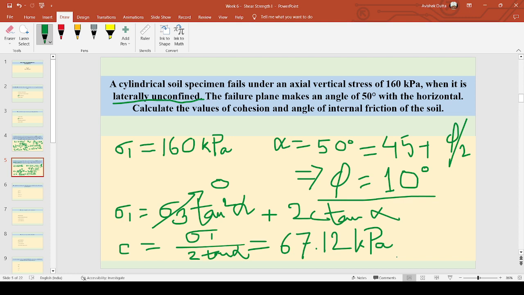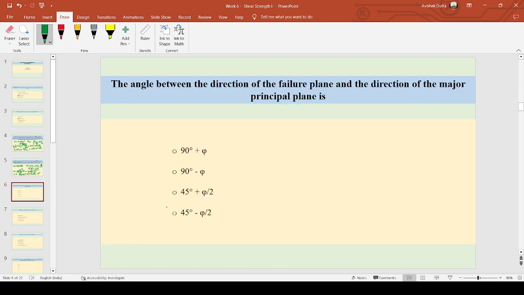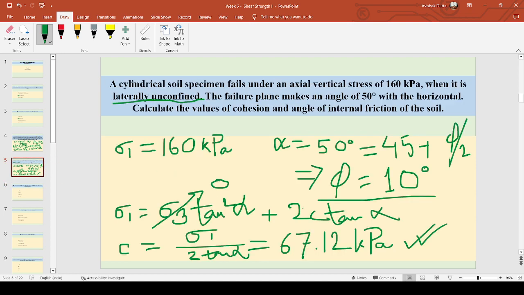With the help of alpha, we can find out the angle of internal friction, which is 10 degrees, and with the equation sigma 1 equals sigma 3 tan square alpha plus 2c tan alpha, we can find out the value of c, that is sigma 1 divided by 2 tan alpha, that is 67.12 kilopascal. I hope it is clear. Go to the next question.